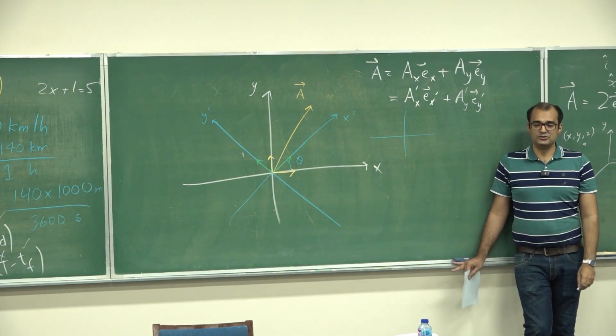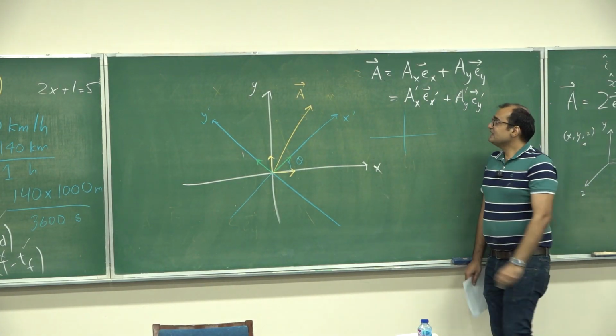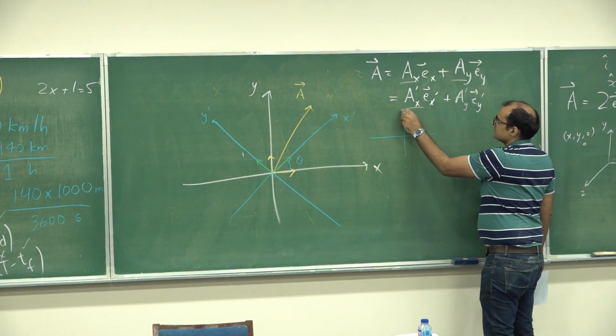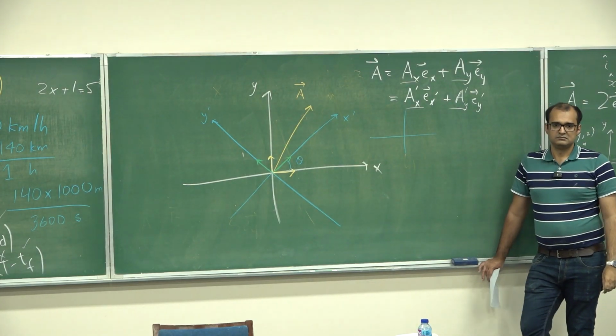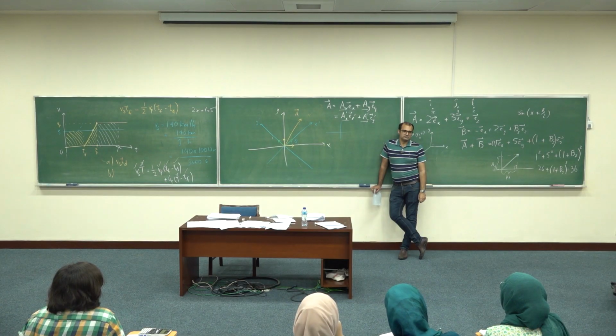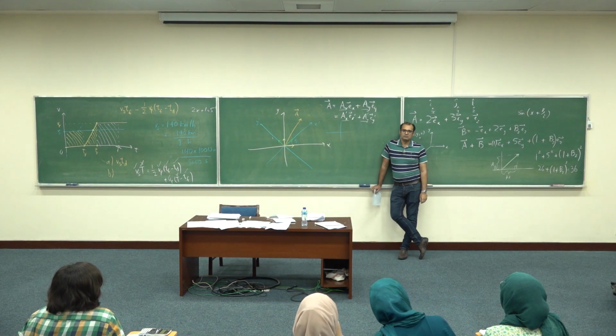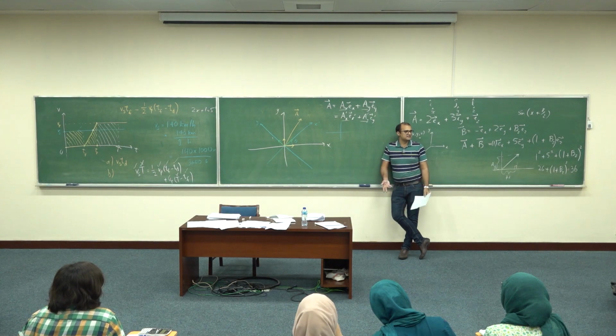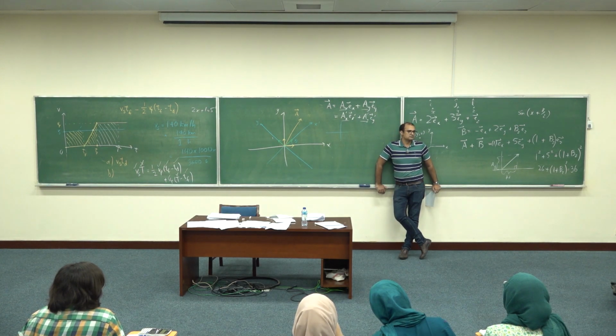Now the question is asking you, what is the relationship between these four numbers? That relationship, of course, depends on theta. Because if theta is 0, ax prime is equal to ax, ay prime is equal to ay. If theta is 0, you basically do nothing. Your x prime, y prime axes are the same as the xy axes.